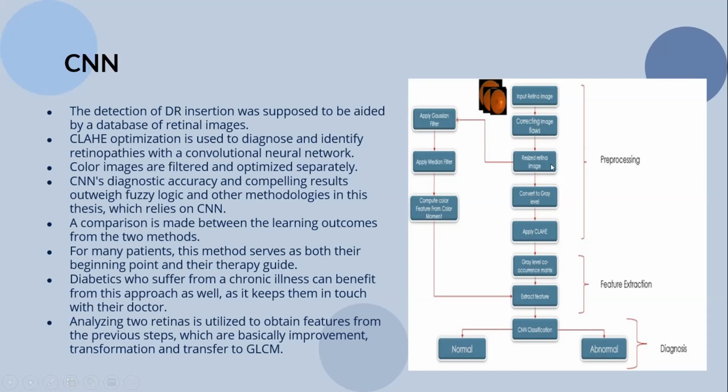These two, as we say, color images are converted to gray level, and then we apply the Canny algorithm, and then the GLCM algorithm, and then extract features, and then classification by CNN into normal or abnormal image.